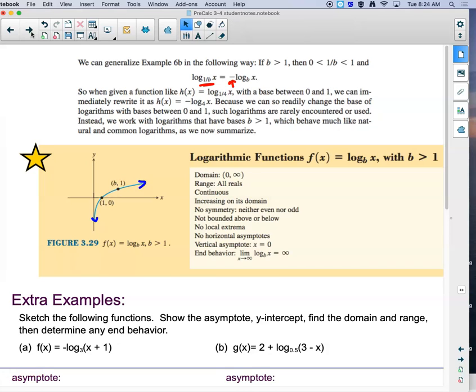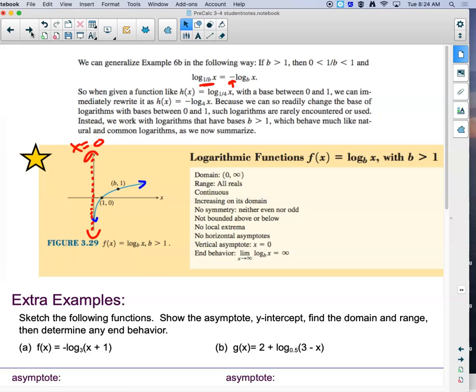So here's our big box of logarithmic functions. F of x equals logarithm base b of x with b greater than 1. And our domain has that asymptote to think about at x equals 0. So notice our domain is from 0 to infinity, not including the 0. Range is all reals. This is going down and up forever. This is definitely a continuous graph.